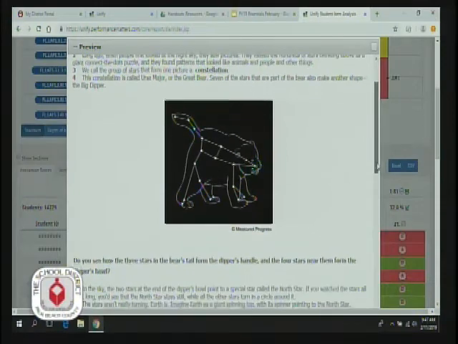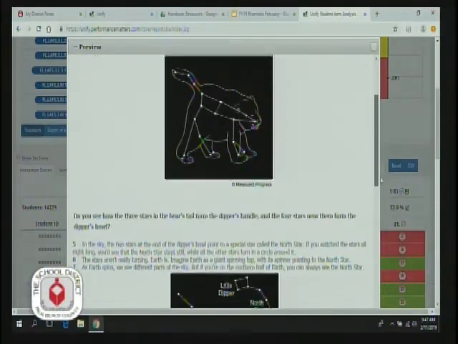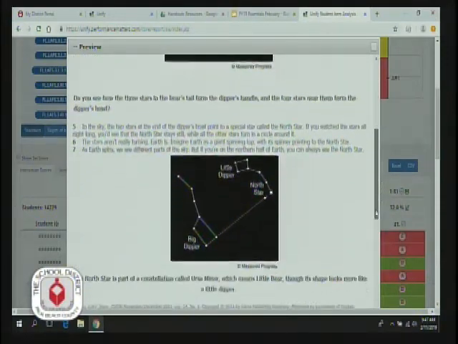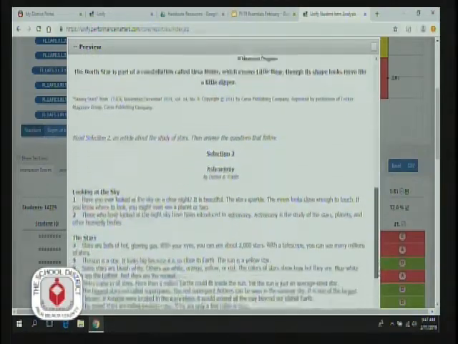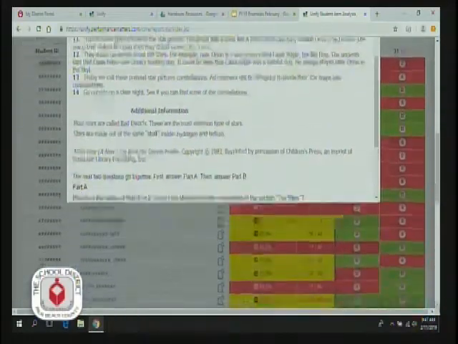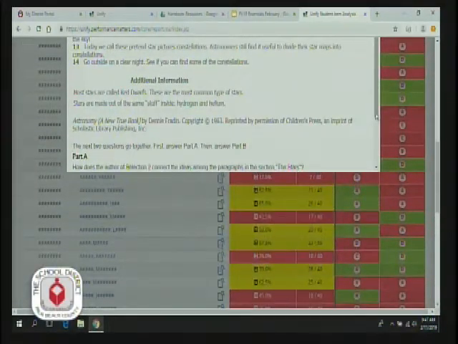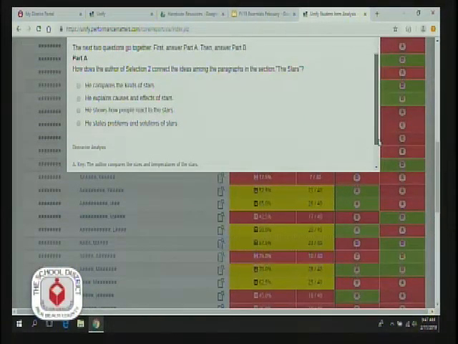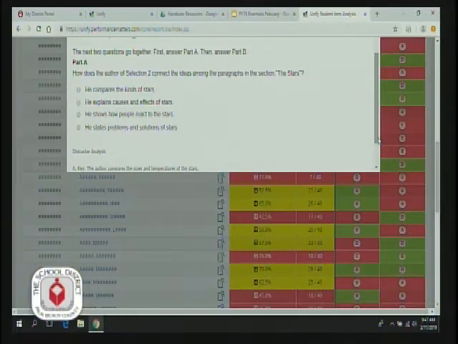So we would take time to read through the passage if we haven't already. And then at the bottom, you will see, and this is two passages. Now at the bottom, you'll see the actual question. So here's question 30, part A. How does the author of selection 2 connect the ideas among the paragraphs in the section, the stars?